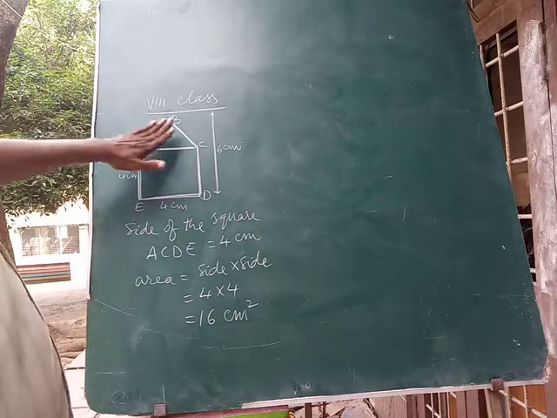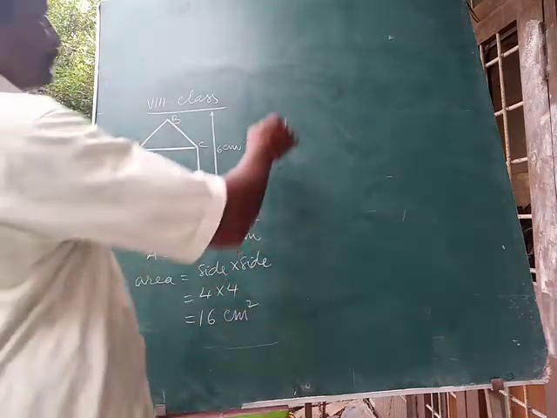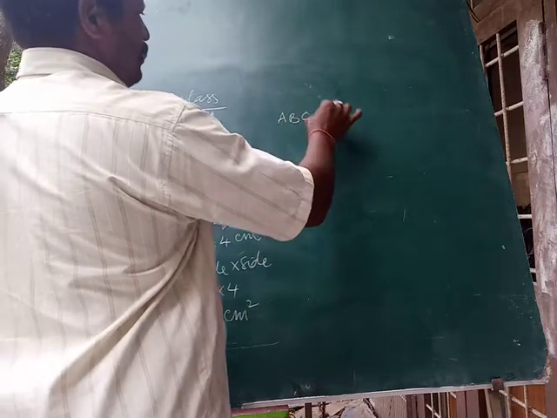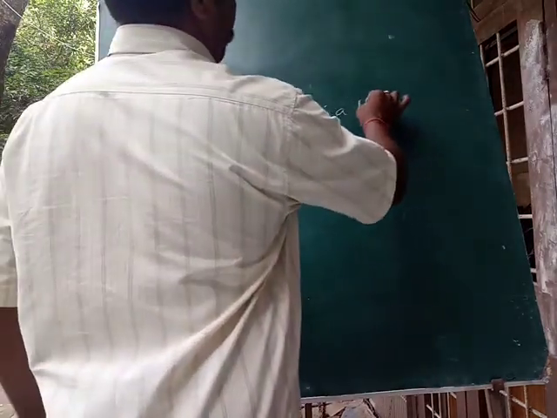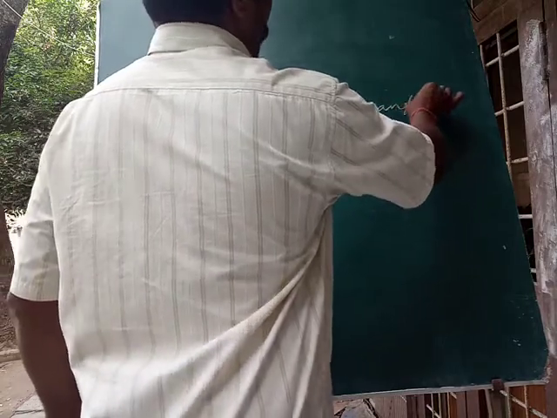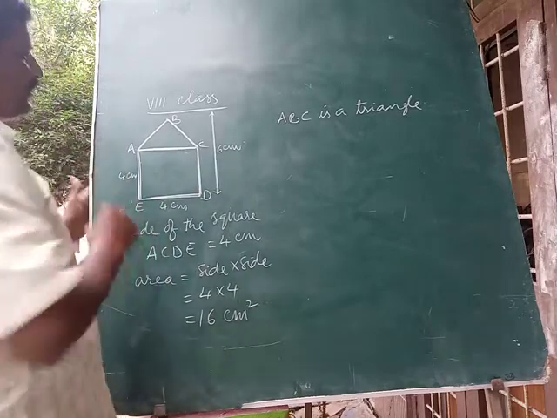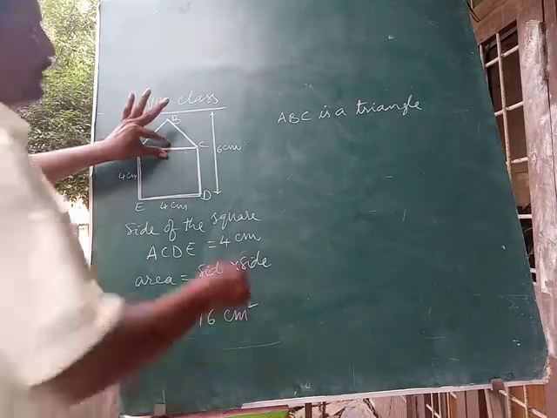Second one, this is in the shape of a triangle. ABC is a triangle. What is its base? This is the base. What is its length? This is 4 centimeters.